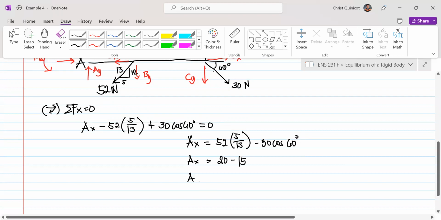So A sub x is equal to 5 Newton. That's for our A sub x.